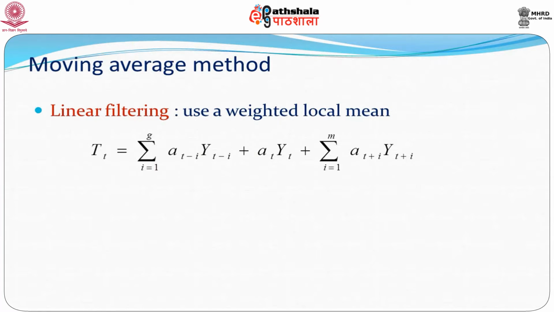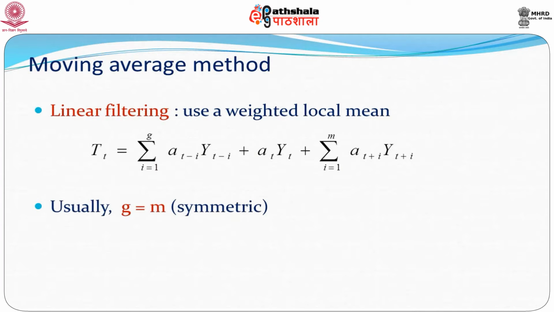So, Tt would be an average of these y values. What it does is basically when you average out the y values, it actually excludes the noise and it gives you the slow moving structure of the time series. So, that is why we can take a local weighted mean as a representative of the xt value, which would actually erase out any other fluctuations involved.